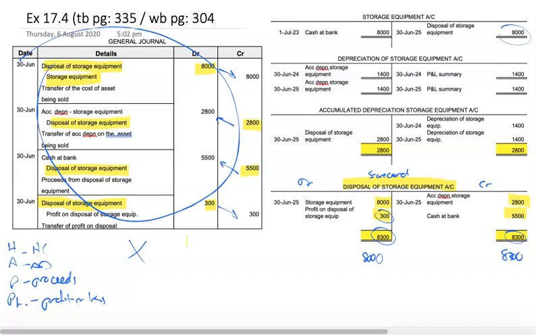And accumulated depreciation of the storage equipment is the running tally. And guys, that is how you complete a general journal, general ledger calculation and reporting of disposal of a non-current asset that involves cash as the proceeds. Now's the time to pause, have a look at your journal and ledgers, follow the process to really build and consolidate your understanding of this complicated but important process.